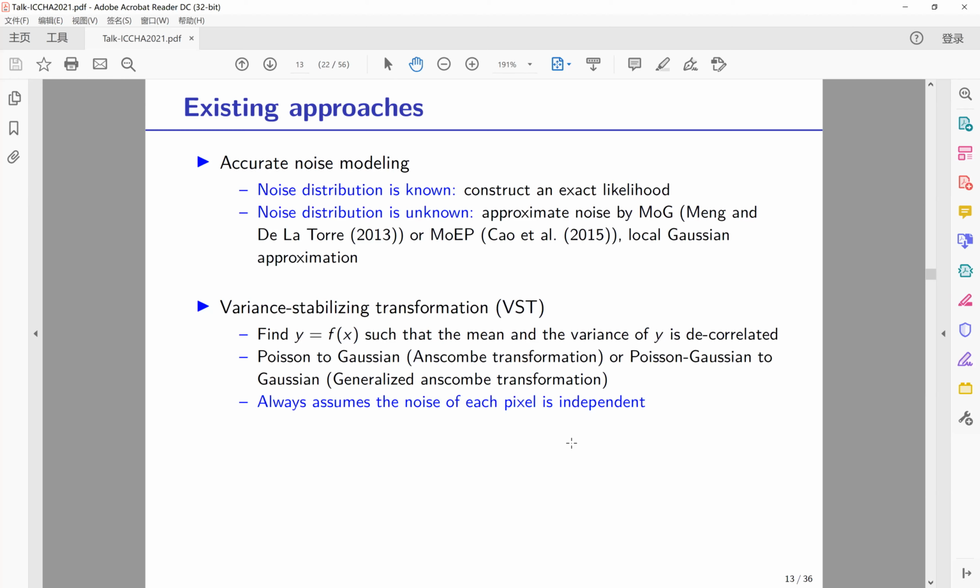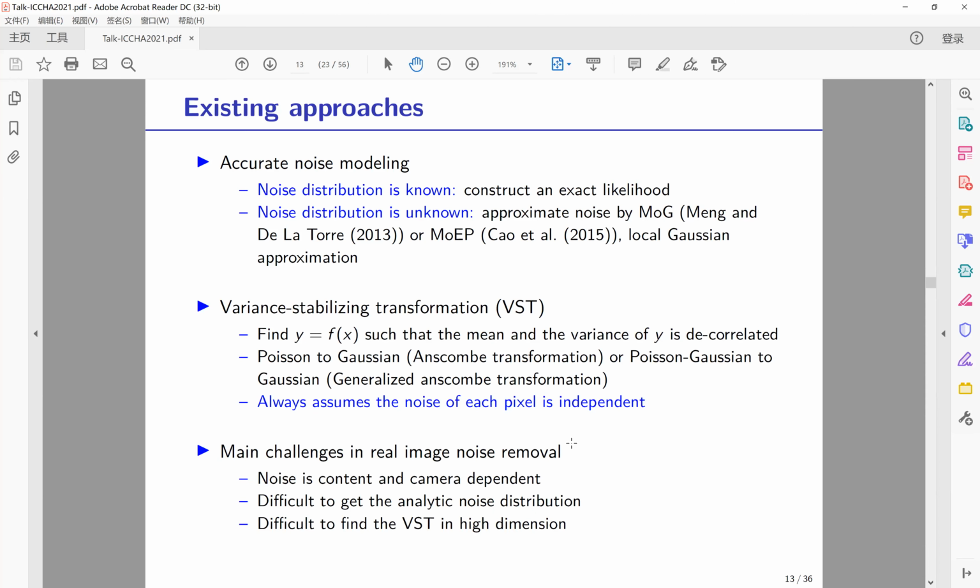In that case, the noise distribution can be treated as more similar to a Gaussian distribution. However, both approaches have some fundamental issues with real-world images.